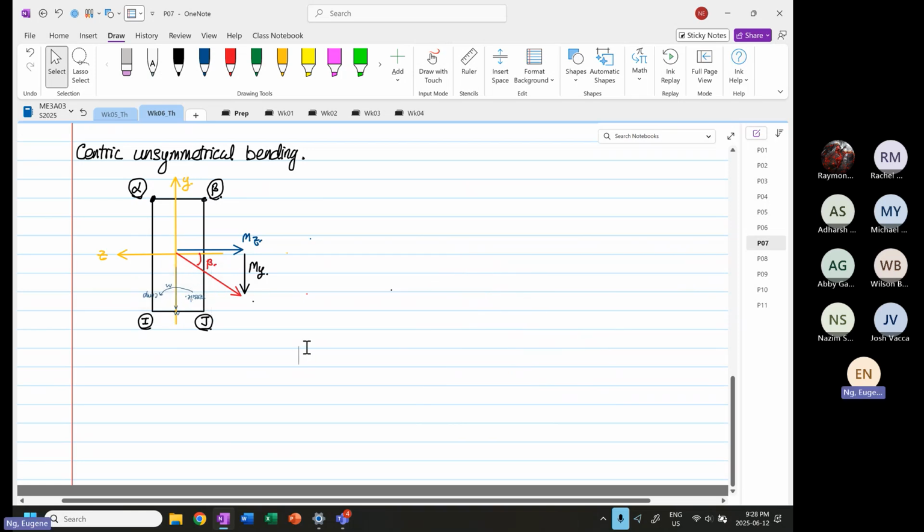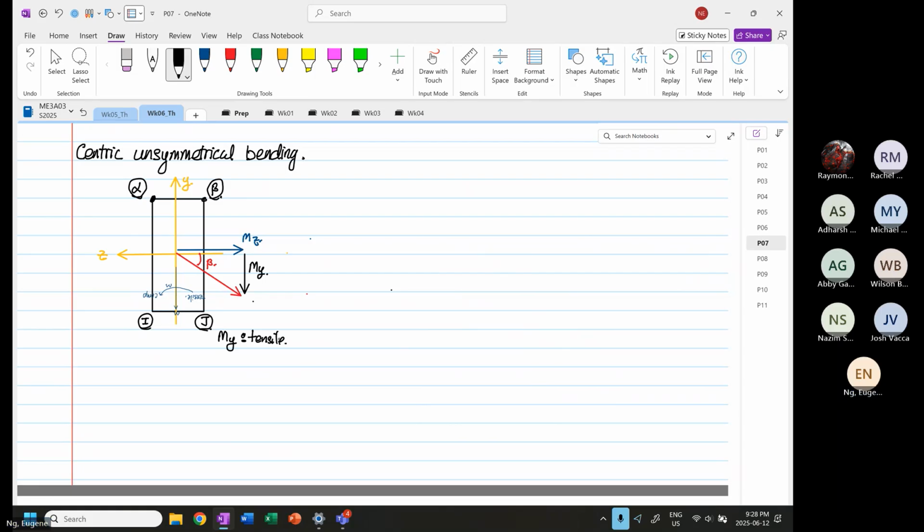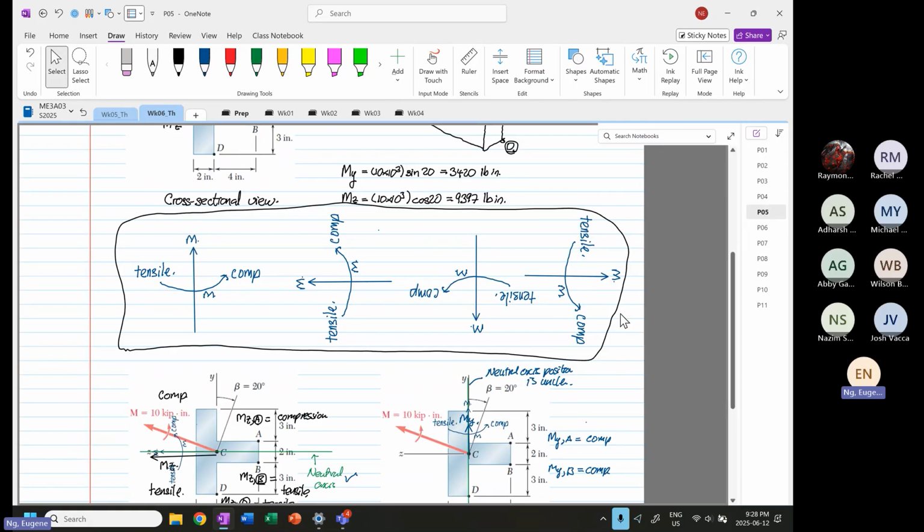So MY at the bottom on the left hand side is going to be tensile. MY on the right hand side is going to be compression. Okay. And then we are going to go into the next one, which is this diagram over here.